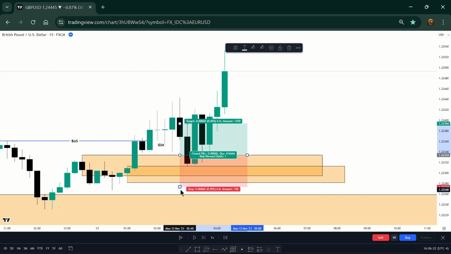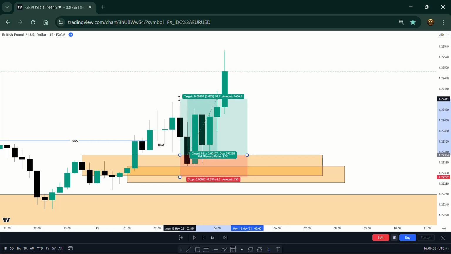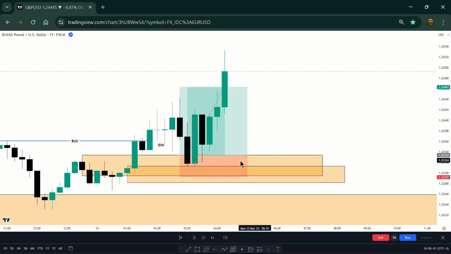So this is what trading is about, guys. And then this is where your stop loss was going to be. Both of you were going to win. Risk to reward ratio of 3, at least there.